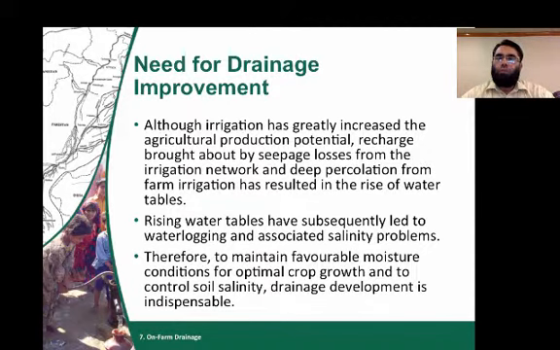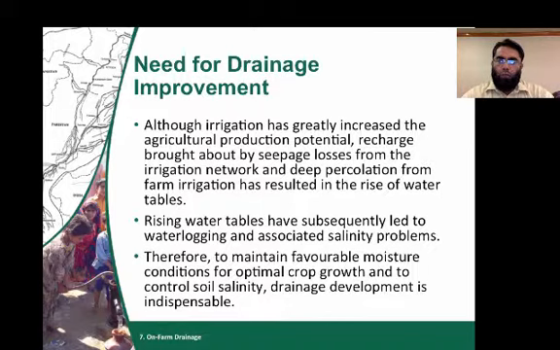So, due to poor drainage system at the farm level, we are facing waterlogging and salinity problem in many areas of Pakistan, and due to this, a lot of agricultural land has gone out of production.